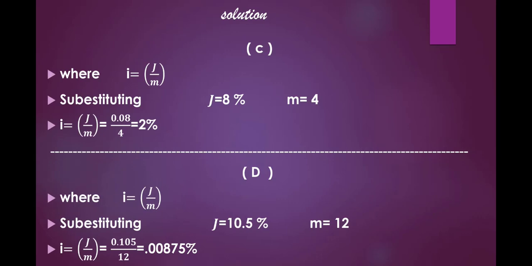And for C, I equals 8% over 4, which equals 2%, and for D, I equals 10.5 over 12, which is equal to 8 per thousand percent actually.